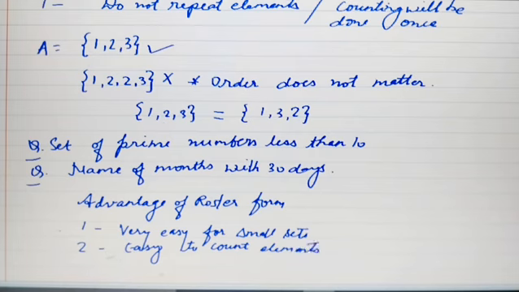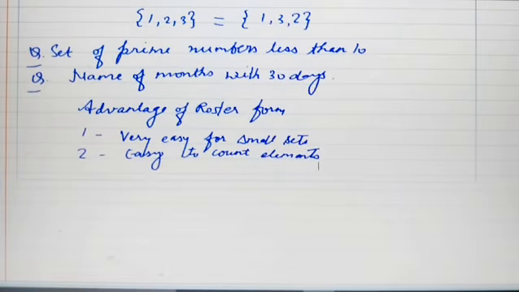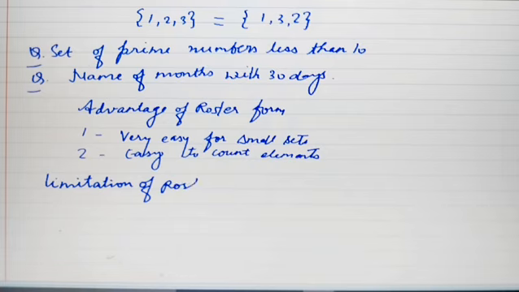Okay, now if we have advantages, then there must be some disadvantages of roster form. That means we can say, in other words, limitations of roster form. What are the limitations?